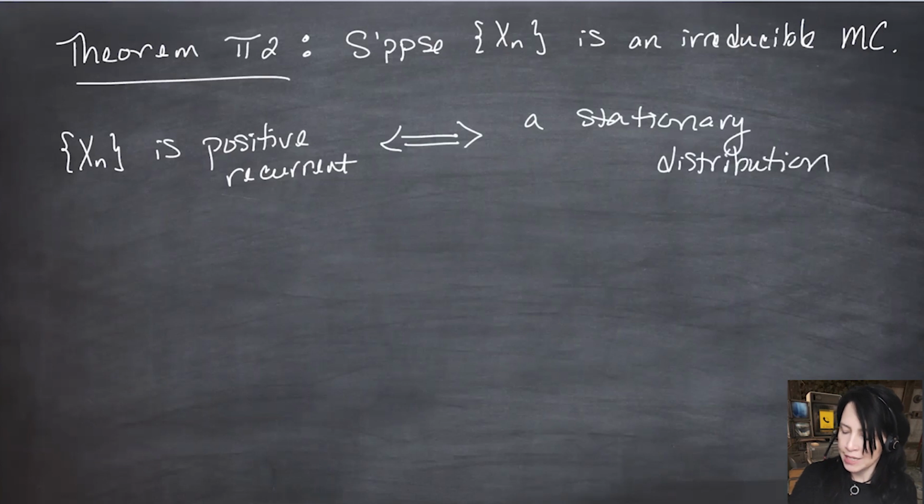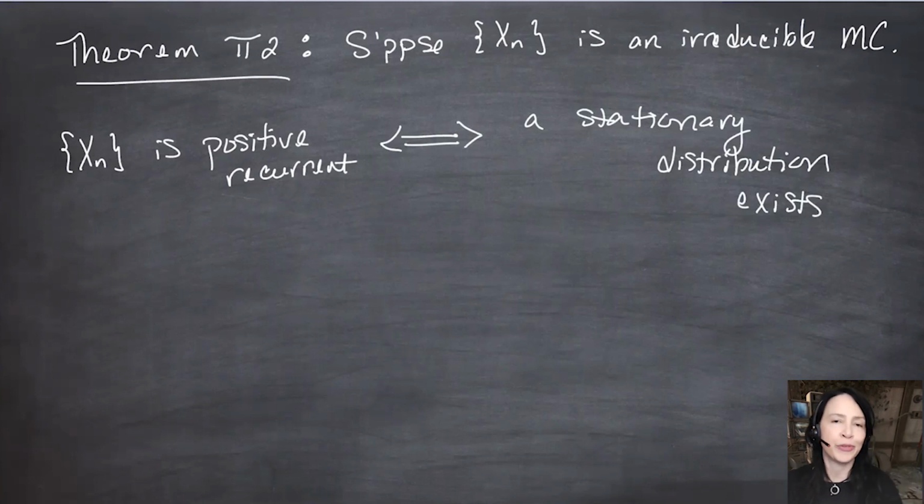A limiting distribution does not always have to exist. If it does, it is stationary. If it doesn't, that doesn't mean you can't find a stationary distribution. It's just not something you settle down to in the limit. So if we have irreducibility and positive recurrence, and you'll notice that this theorem actually doesn't need aperiodicity, then we have this if and only if statement.